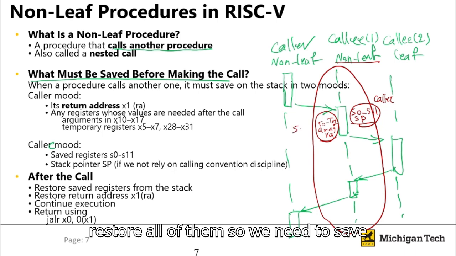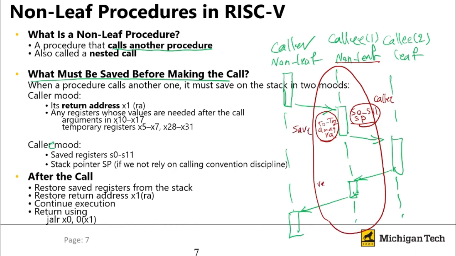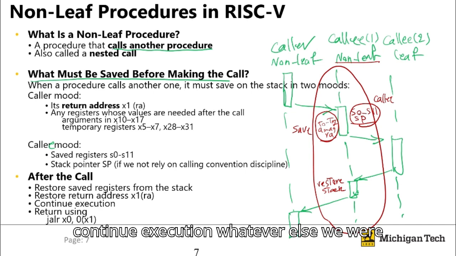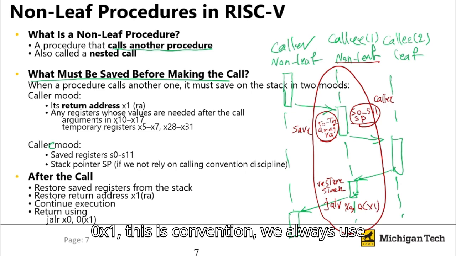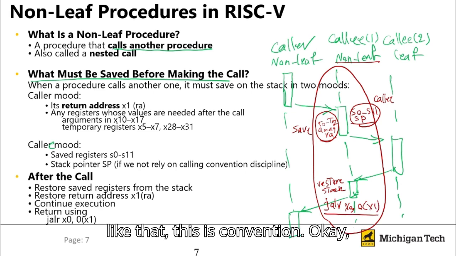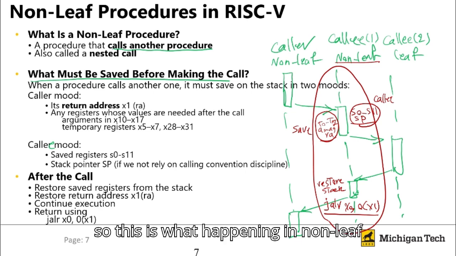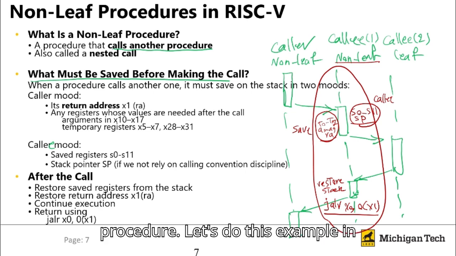So we need to save them and restore the stack for all of them that we saved, and also continue execution of whatever else we were doing, and then jump and link return, x0 and 0(x1). This is convention. We always use it like that. Okay, so this is what happens in a non-leaf procedure.